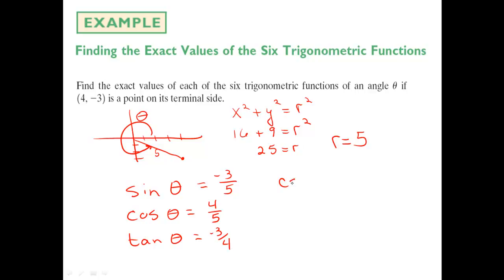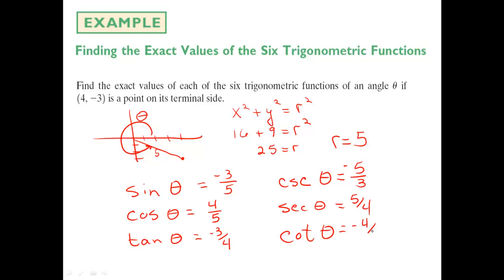The cosecant is the reciprocal of the sine, so the easiest way to do it is just to flip the sine. The secant is the reciprocal of cosine, so the easiest way to do it is to flip the cosine. And the cotangent is the reciprocal of tangent, so just find the reciprocal of this one.